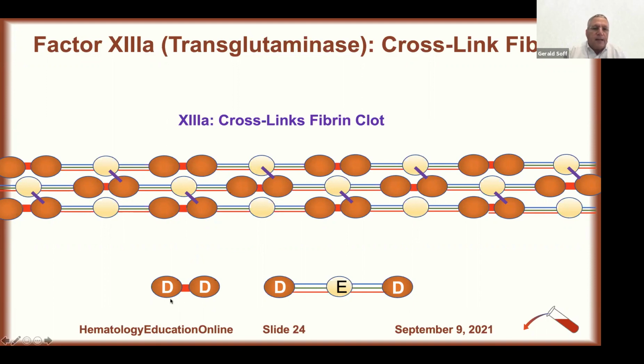So if one sees elevated D-dimer in a sample, that tells you that cross-linked fibrin has existed in the body. This could be from a clot, it could be from inflammation, it could be from a number of things, including cancer, but the D-dimer simply tells us that cross-linked fibrin has formed in the body and been proteolyzed.